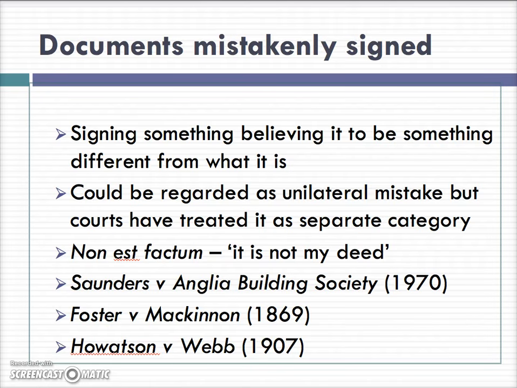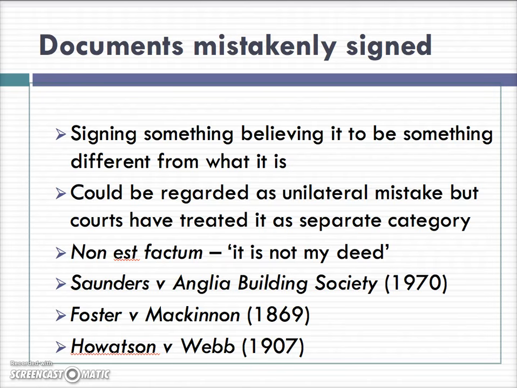Saunders was based on another case called Foster Mackinnon that preceded it. In Foster Mackinnon, there was an old man who signed a form that he believed to be a guarantee, but in fact it was a bill of exchange. It was held that the old man was not liable for the bill of exchange. That is because what he signed was fundamentally different from what he thought he was signing.